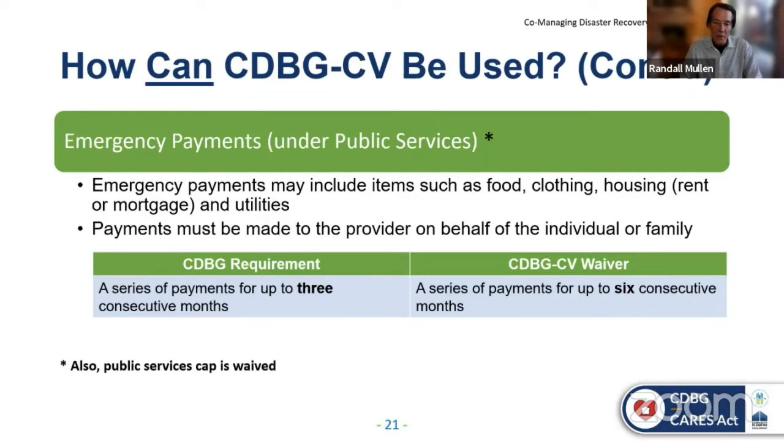It's also important to note that the public services cap, as Stan earlier mentioned, which limits spending on public services to 15% of CDBG resources, is completely waived for CDBG-CV. There is no such spending limitation on public services expenditures from a CDBG-CV grant. Next slide.